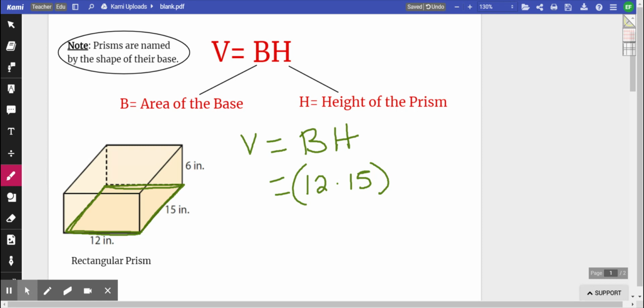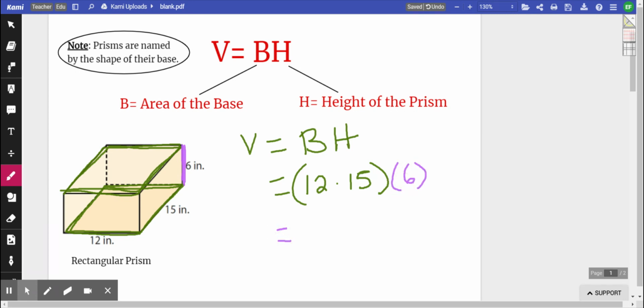The height of the prism is the difference between the two faces. If my faces are this bottom here and this top part that's parallel to it, then the height of the prism is the part that connects them. So in our case here, the height of the prism is 6.